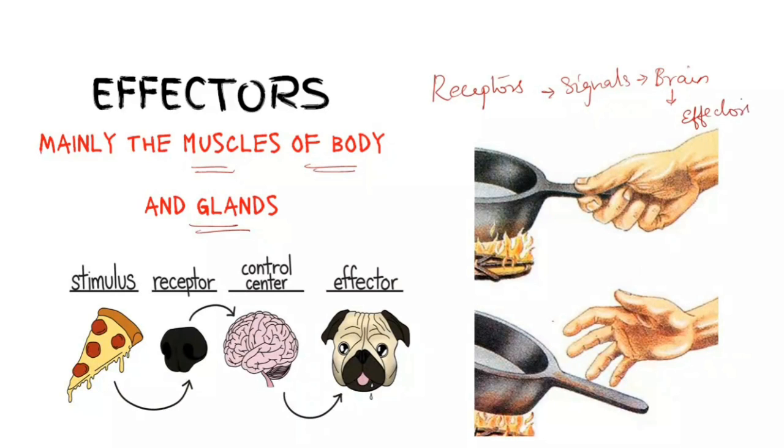So whenever you touch a hot object, you tend to take off your hand, right? There your effectors are coming into action. So effectors are present in the muscles of the body and the glands. You can see here I have clearly mentioned: stimulus goes to receptor, receptors are present in your sense organ, and then it goes to the control center, that is your brain, and then moves to the effectors.